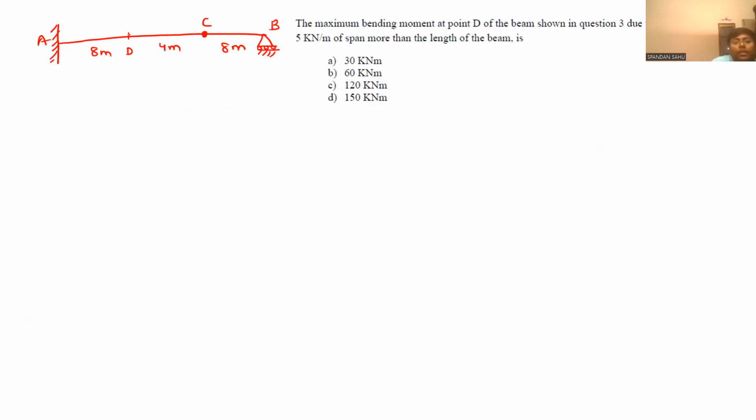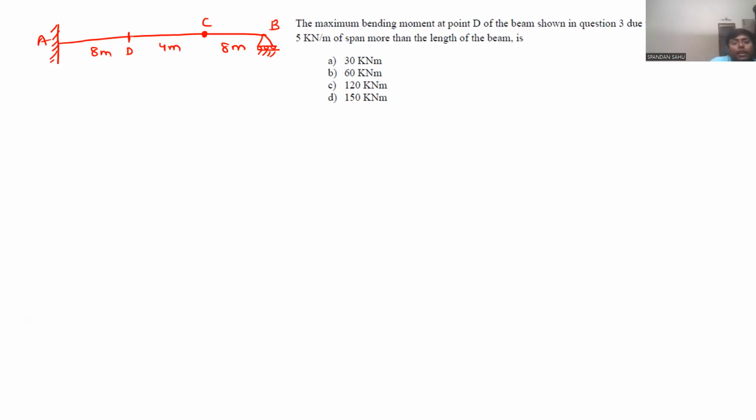Now, at this point, we need to determine the maximum bending moment using the concept of ILD. Now, we won't do it using the concept of mechanics. We will directly plot from qualitative analysis, that is the Muller-Breslau principle. We will directly plot the ILD and determine the maximum bending.